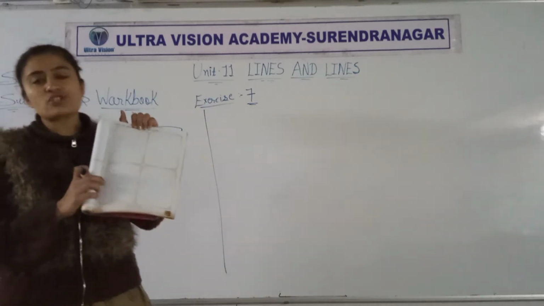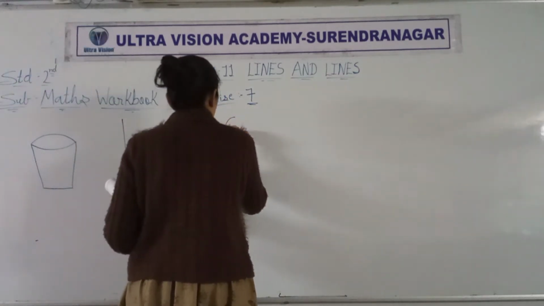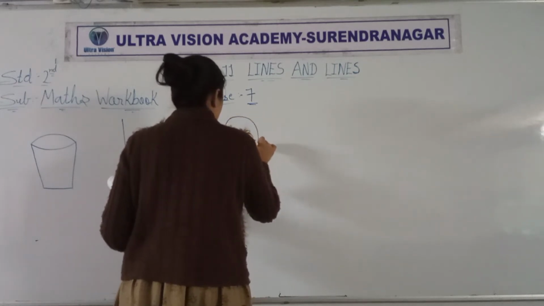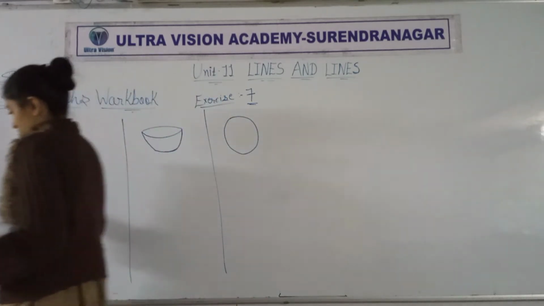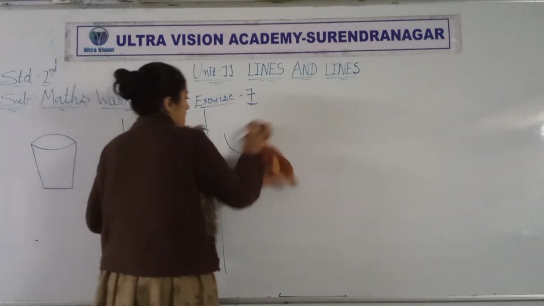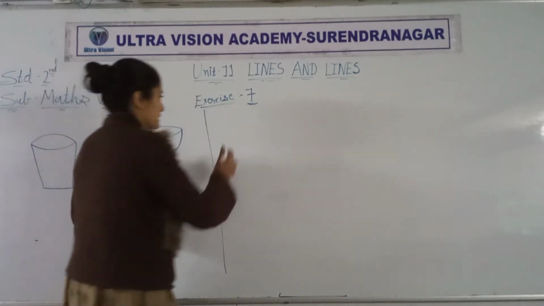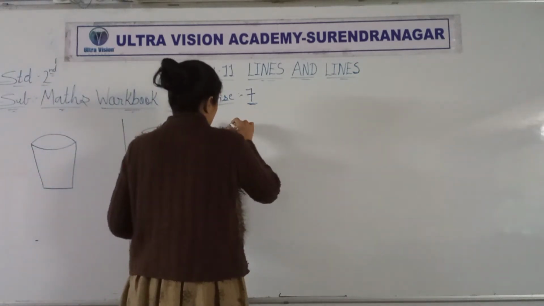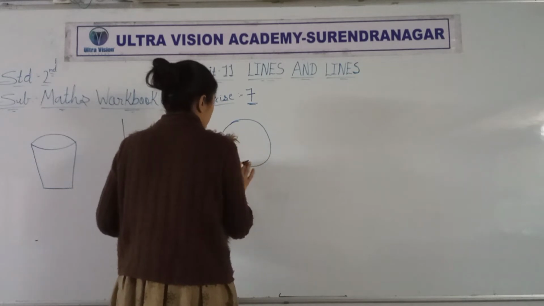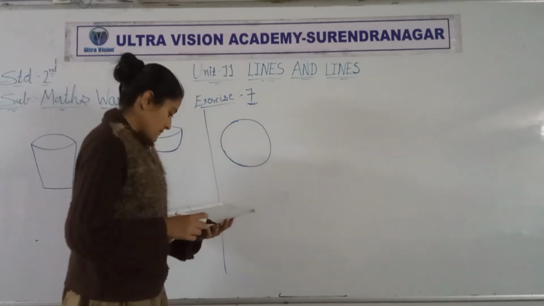Then again we have a watch. We have a picture of a clock. Let's make it. First we have to make a round. You can even use a coin and make a round. Make a circle. Okay, we made it.